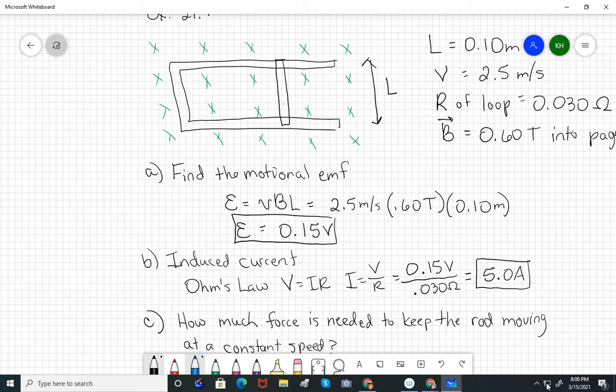If I use my right hand rule, I need the induced B to be out of the board. Let me do the induced B in purple like I was doing earlier. To oppose that increase into the board, then I know that the current goes this way.